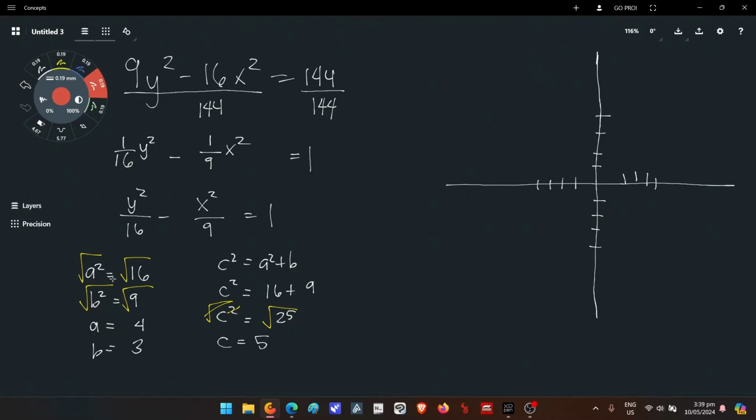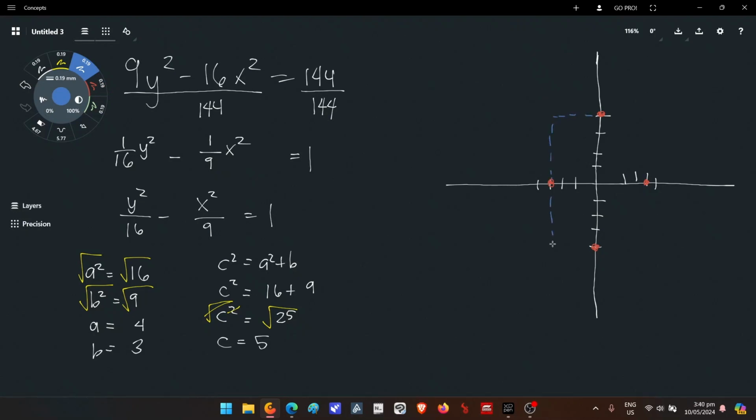So A, since it is on the y-axis, that means we're going this way, this way. So 1, 2, 3, 4. This is our A, 1, 2, 3, 4. And for our B it is 1, 2, 3 here, 1, 2, 3 here. So again, we're going to draw our box.